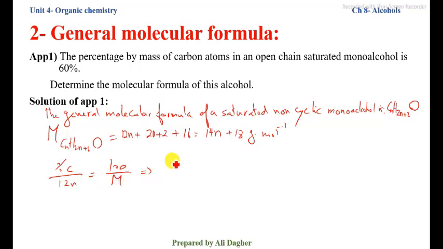Then percent by mass of carbon 60 over 12N equals 100 over 14N+18. We calculate N. 60 times (14N+18) equals 12N times 100. Then by mathematical calculation we deduce that N equals 3.